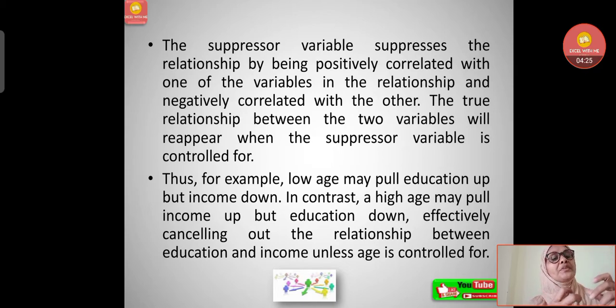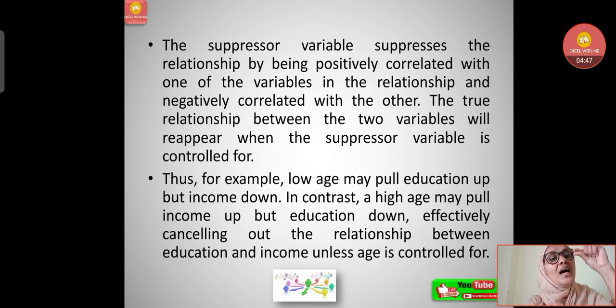With high age, sometimes a person is not so much educated but earning very high because of his profession or skill. So education will be down, effectively cancelling out the relationship between education and income unless age is controlled.